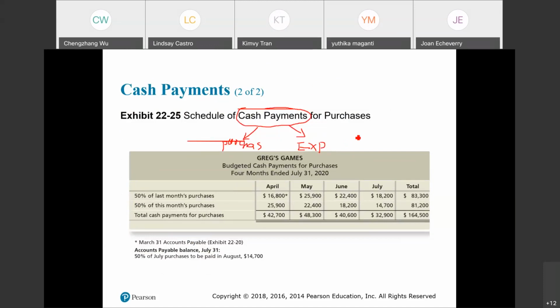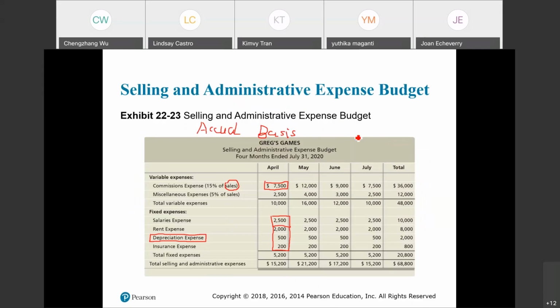So first of all, let's take a look at the purchases. And let's assume here 50% of the purchase is paid in this month, and another half of the purchases will be paid in the next month. So from the balance sheet of March, we know that the total accounts payable is this amount.